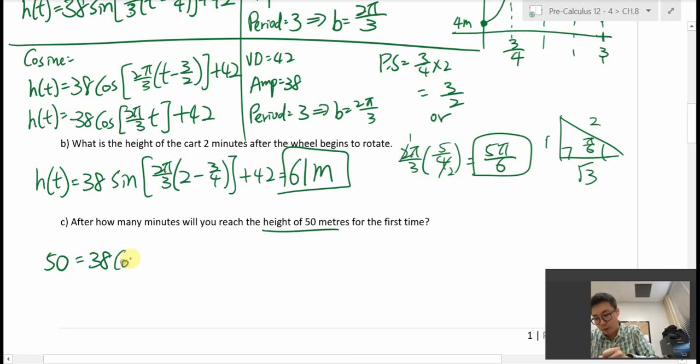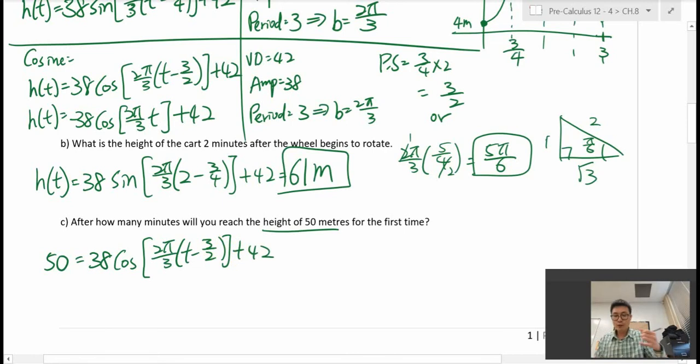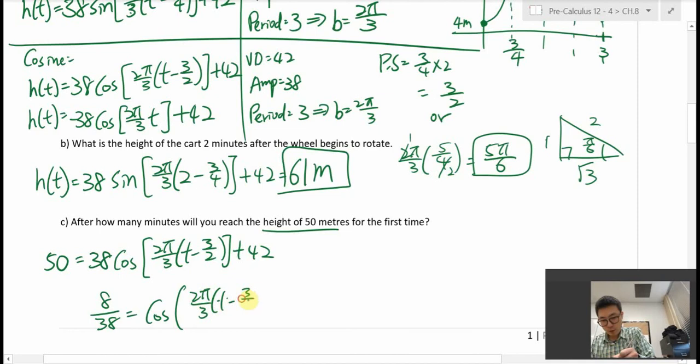Cosine of 2 pi over 3 times t minus 3/2, plus 42. To solve this, you first minus 42, so you get 8, and then divide by 38. You get cosine of 2 pi over 3 times t minus 3 over 2.